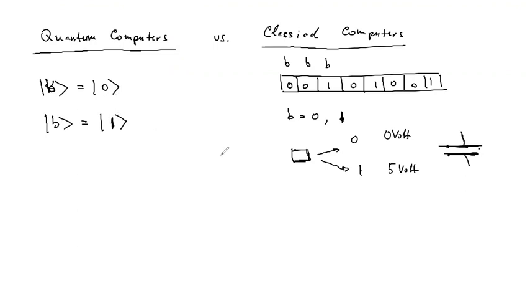Let's say spin in one direction, spin in the opposite direction, or charge, discharge, or whatever. But a quantum bit, or qubit, can be in a superposition of these 1 and 0 states.